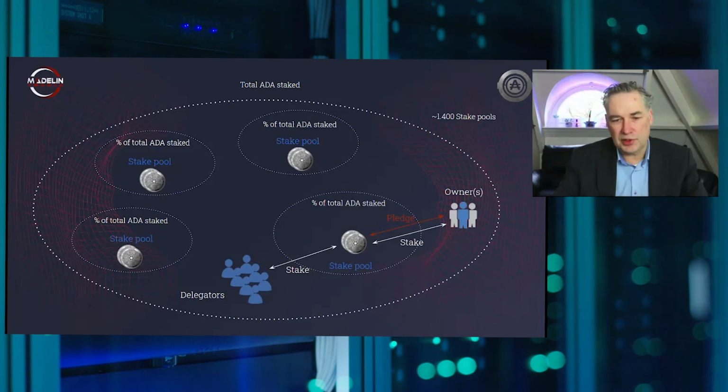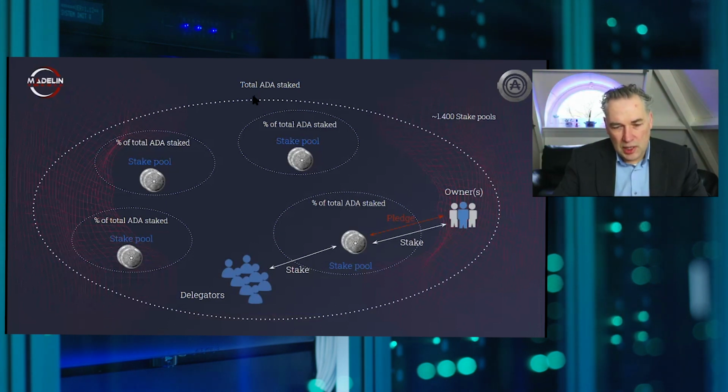So the amount of ADA that is being staked in the stake pool has a representation as a percentage of the total ADA stake. And that means there are multiple stake pools, and different delegators can choose in what stake pool to stake their ADA and get this 5 to 6% return on stake.